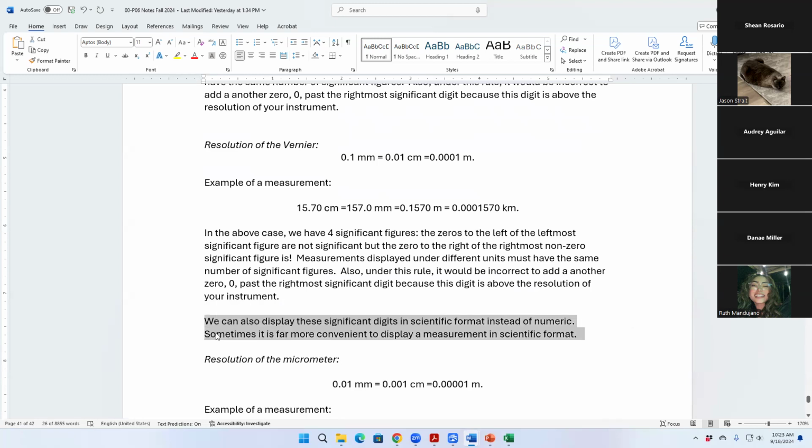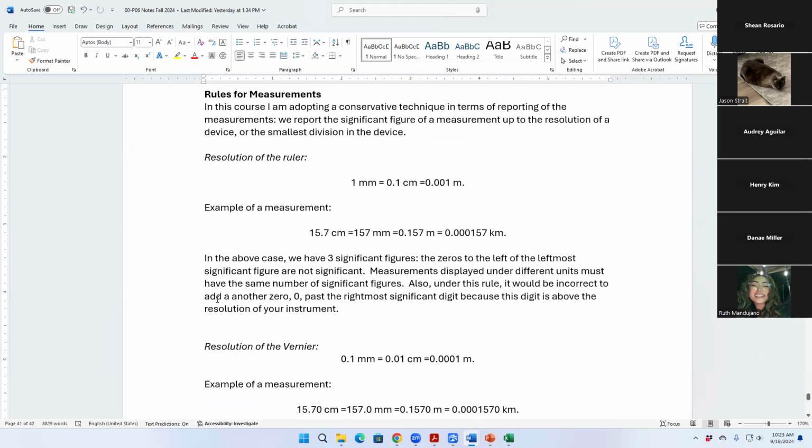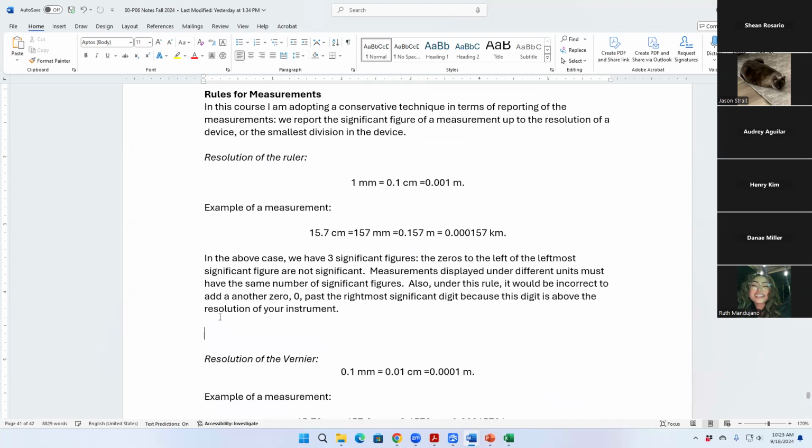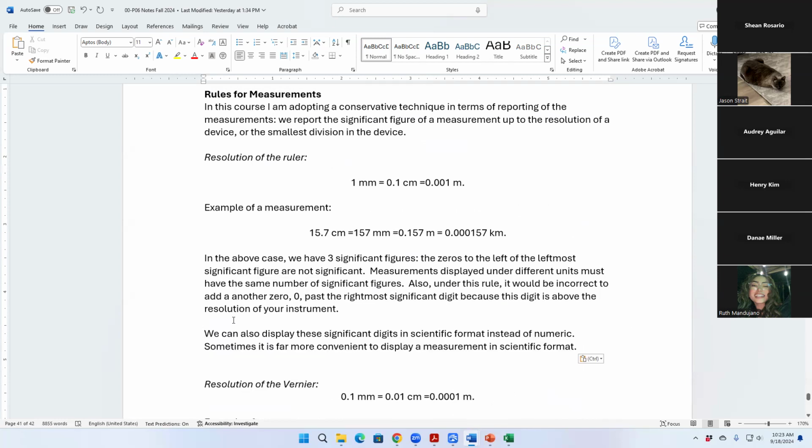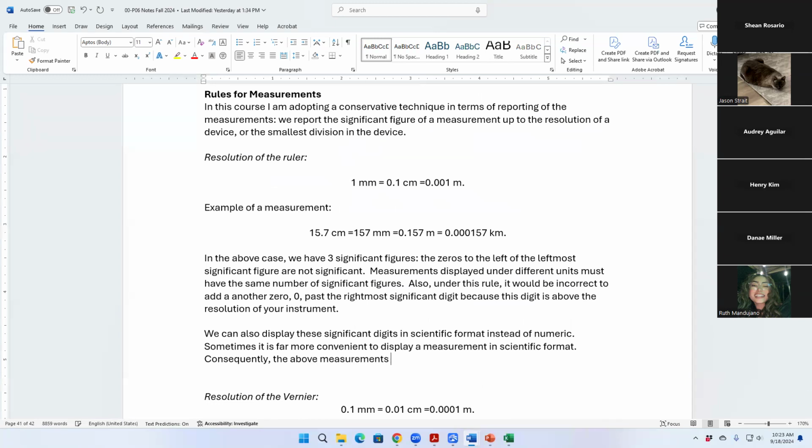Let's see, I want to do that for the ruler first. Yeah, ruler. Okay. Consequently, the above measurements. What is scientific format? You know, scientific format in powers of 10, okay?